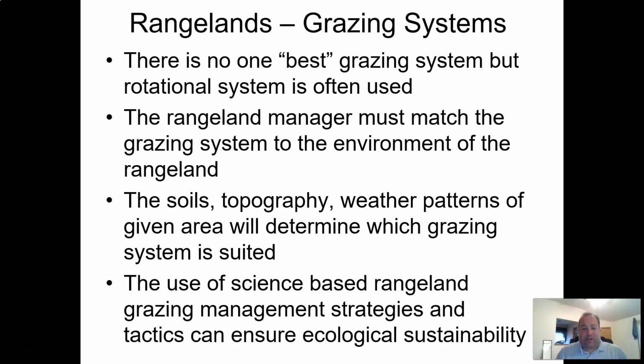But the rangeland managers just really got to match the grazing system to the environment and ecosystem of their rangeland, and the soils, topography, weather, and animal density is going to determine which grazing system is best suited. And then you want to bring in that adaptive management, that use of science-based rangeland grazing management strategies that's going to ensure ecological sustainability. So that's tying back into that idea of adaptive management that we spoke about before.